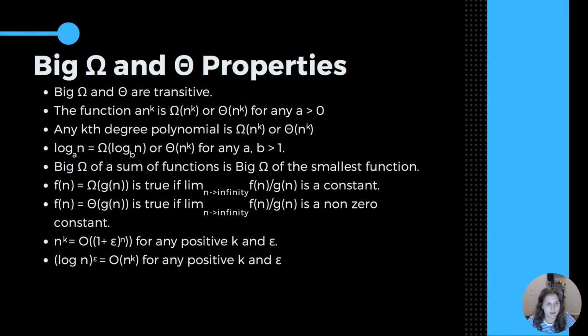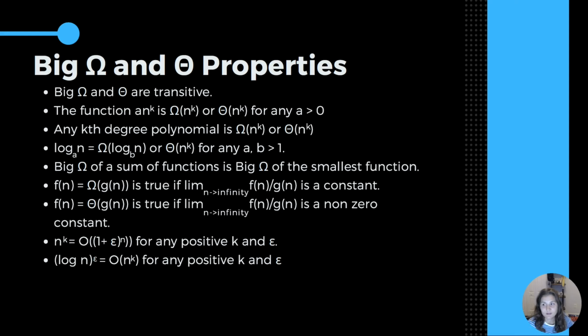Big omega and theta have similar properties. Big omega and theta are transitive, just like big O notation. The function a n to the k is omega n to the k or theta n to the k for any a greater than 0, very much the same as our big O notation.